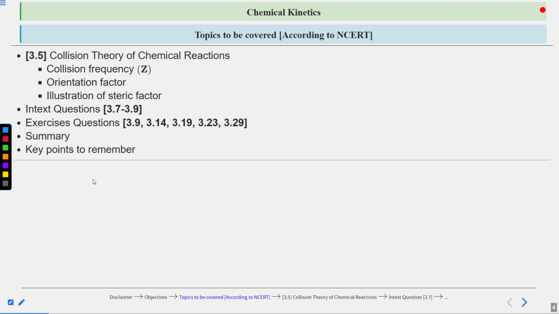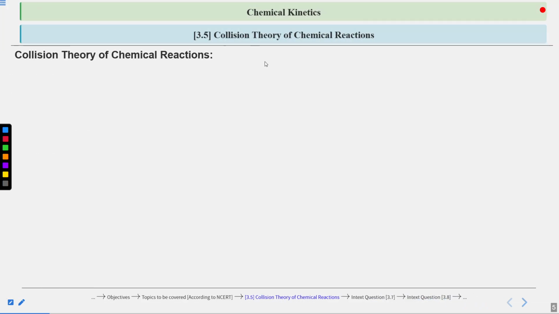So let's begin. Our first topic is 3.5, collision theory of chemical reactions. The Arrhenius equation is applicable under a wide range of circumstances; we covered it in our previous theory part.